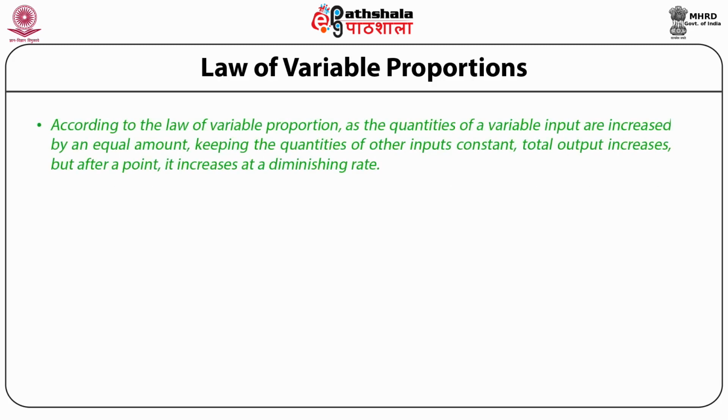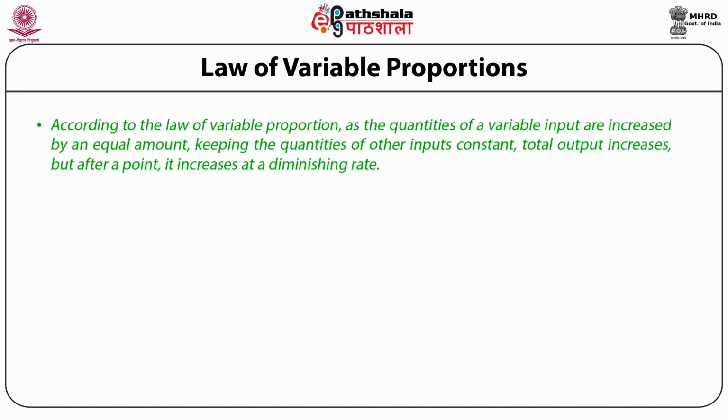According to the law of variable proportion, as the quantities of a variable input are increased by an equal amount, keeping the quantities of other inputs constant, total output increases, but after a point, it increases at a diminishing rate.